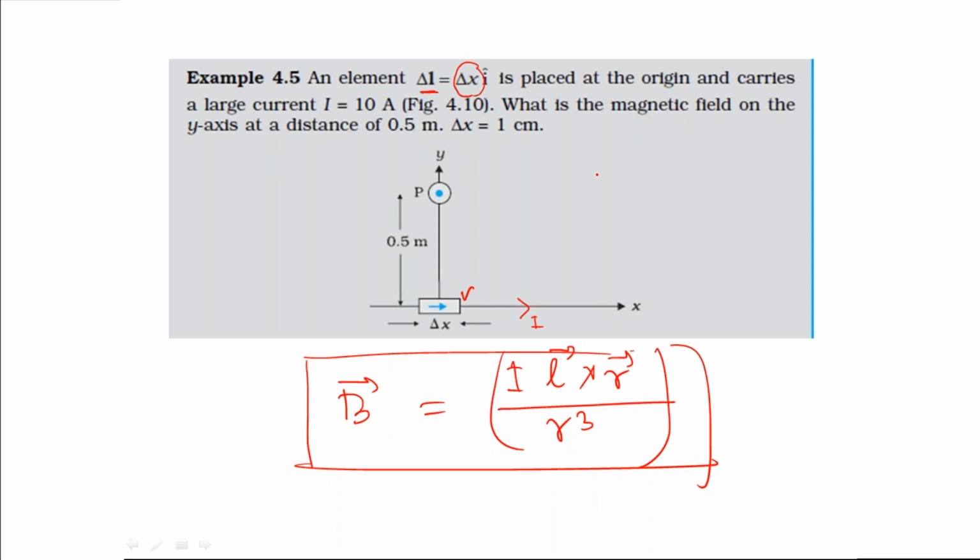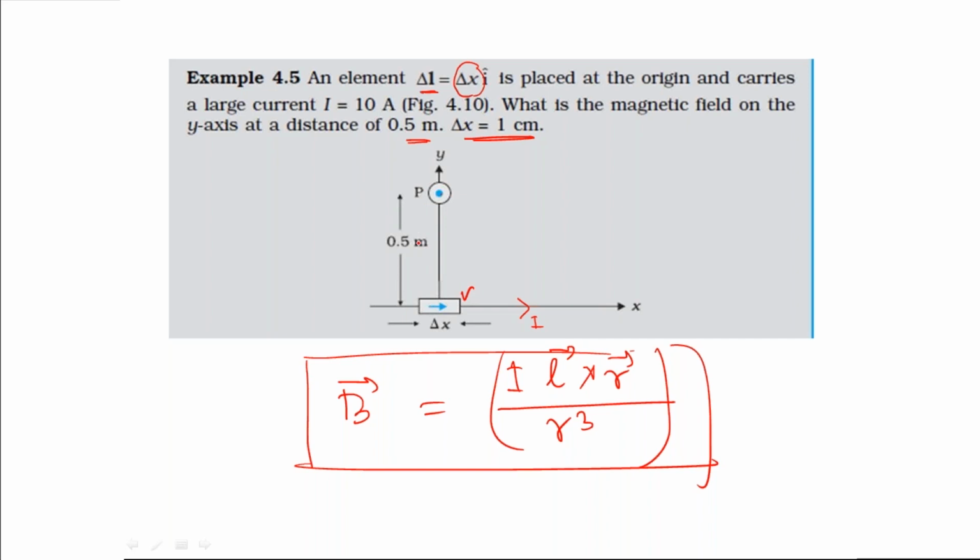It is placed at the origin and carries a current of 10 ampere, as you can see from the figure. Now, what is the magnetic field on the y-axis at a distance 0.5 meter? The length of the element is given as 1 centimeter. So this is the point P here.